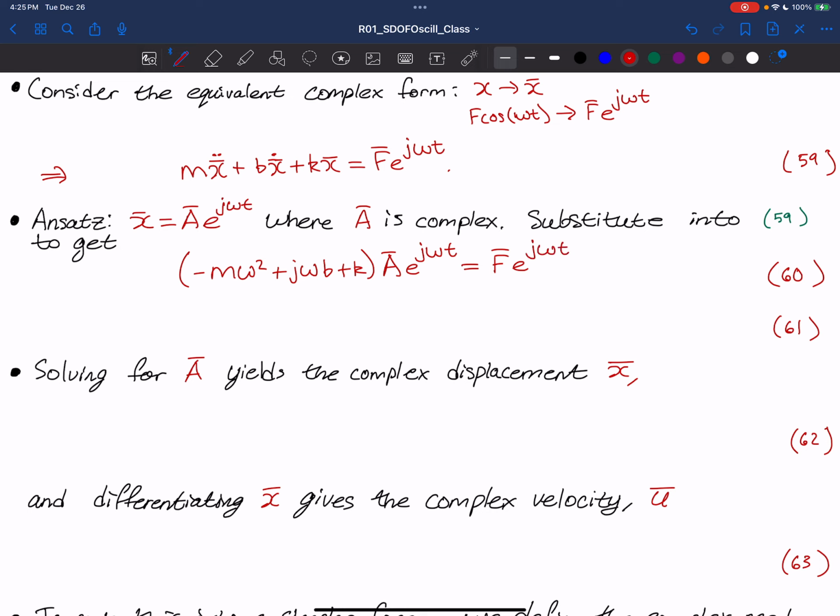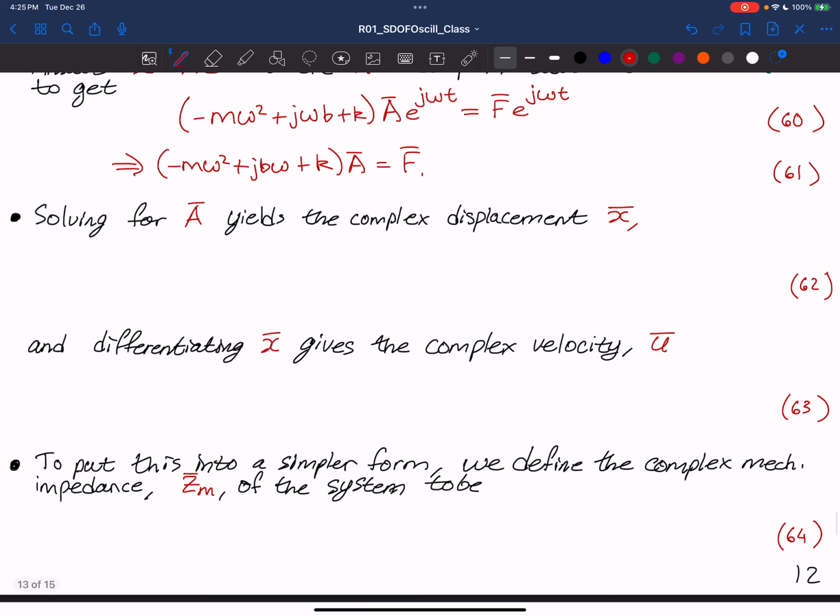From here, we can eliminate the e to the j omega t, and we'll end up with the quantity minus m omega squared plus j b omega plus k, times A bar, is equal to F bar. From here, we're going to solve for A bar, and this will give us the complex displacement for x, or at least the amplitude of that.